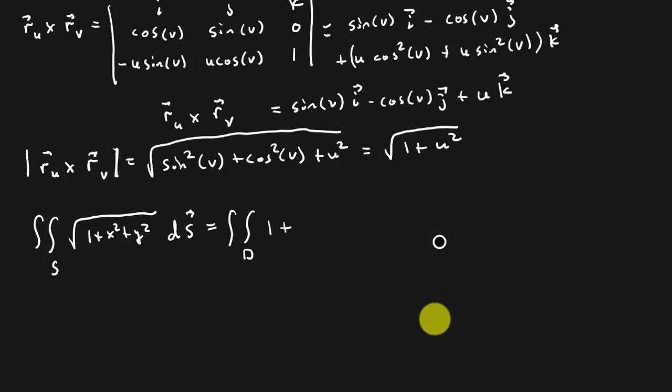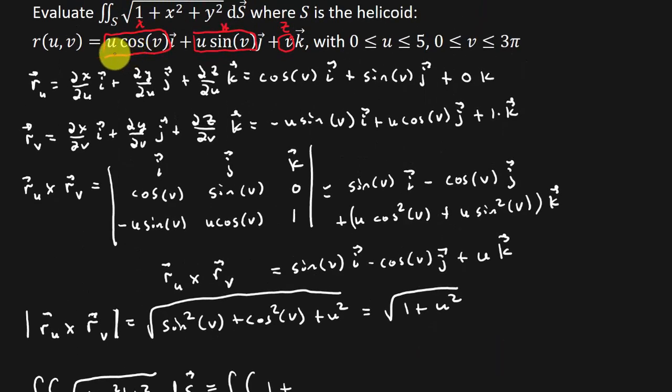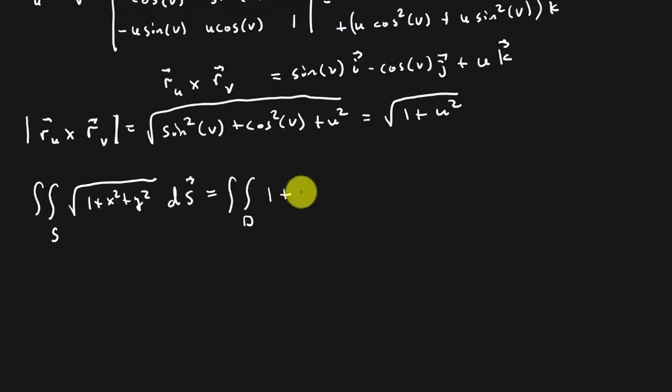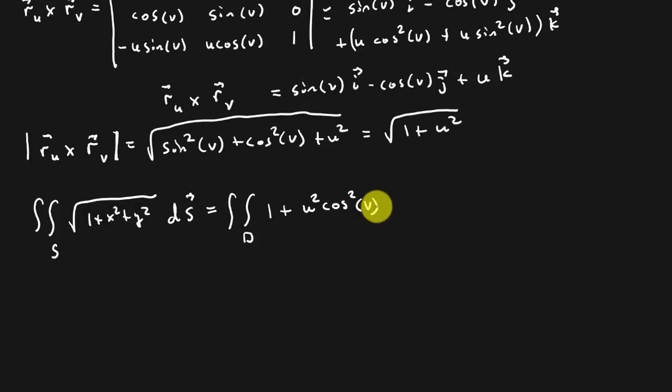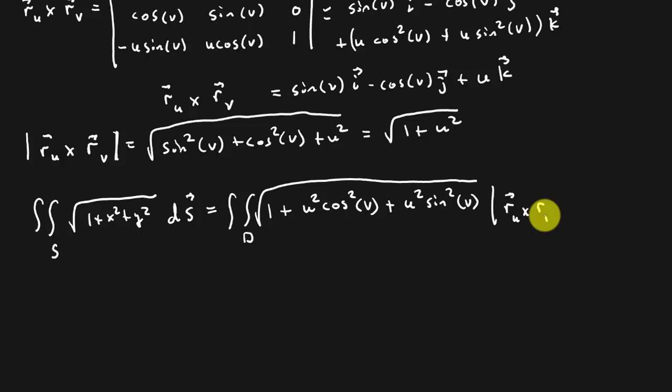Remember, x is u cosine v, y is u sine v. So that's plus u squared cosine squared v plus u squared sine squared v, square root of all that, and then that's times the magnitude of the cross product of RU and RV, dA.